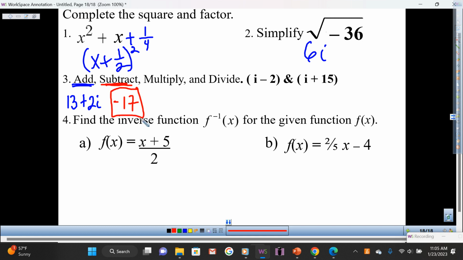That is correct, negative 17. How about multiplication? Frida? Negative 31 plus 13i. That is correct. And division, pass someone.